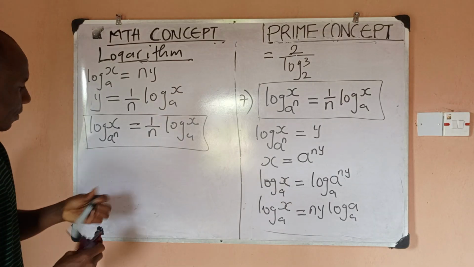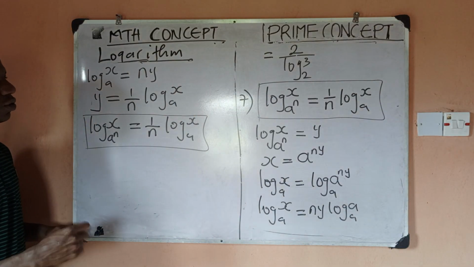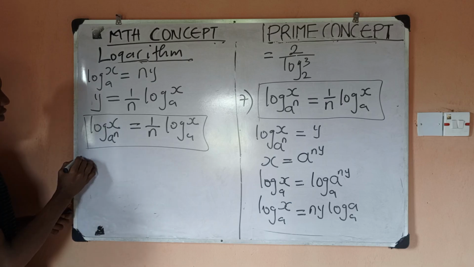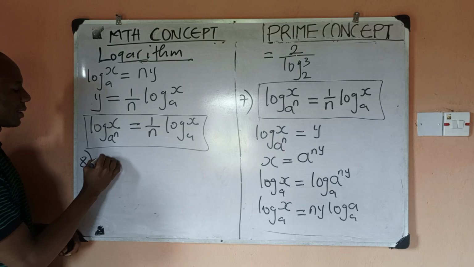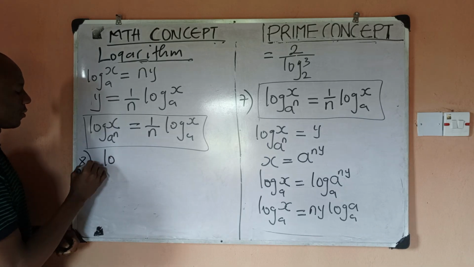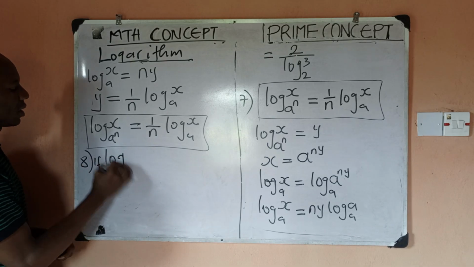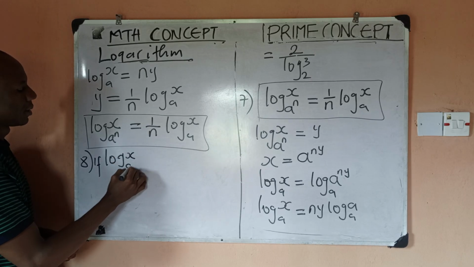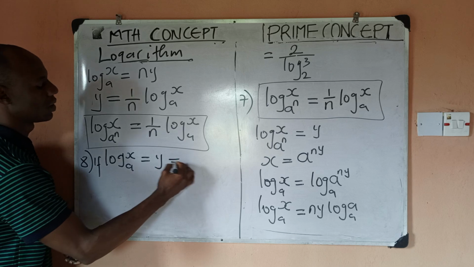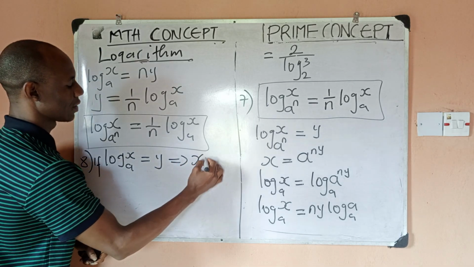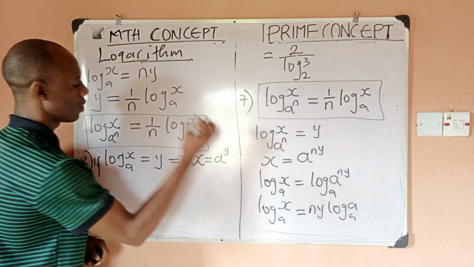Now quickly, let's look at rule 8. Rule 8 is what we have been using actually. Rule 8 says that if log x base a is equal to y, this would imply that x would be equal to a raised to power y.